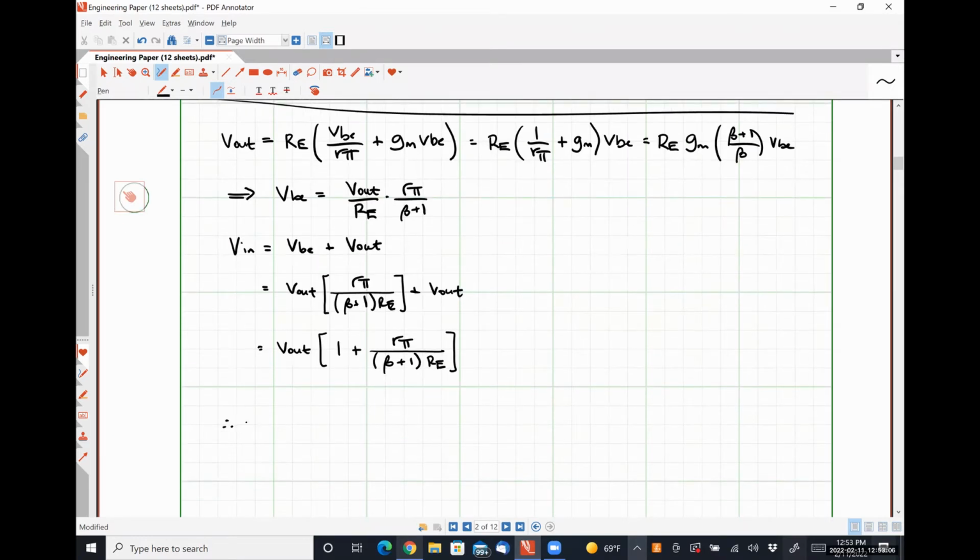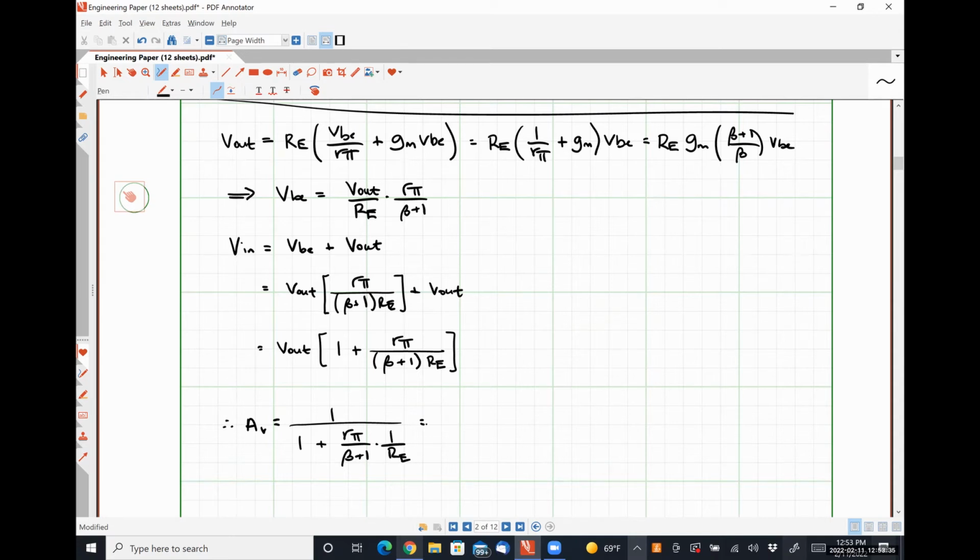And from this, my voltage gain becomes 1 over 1 plus R pi over beta plus 1 times a factor of 1 over RE.